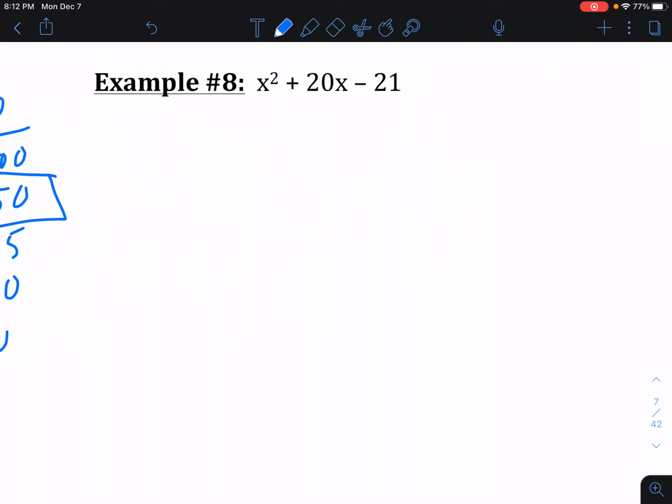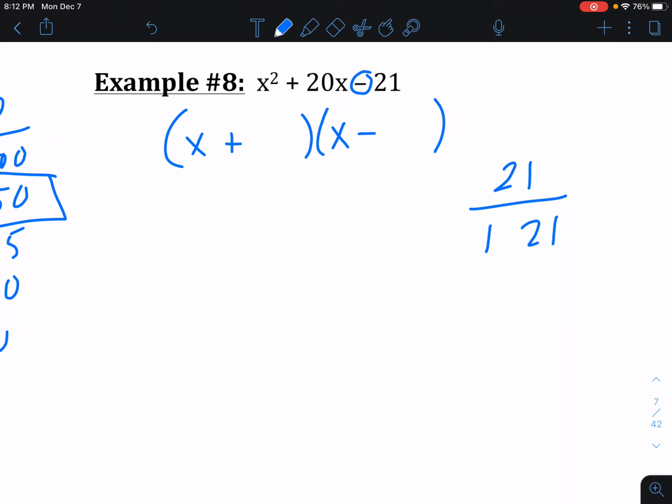Another one. What are the signs here? C term is a minus, so plus, minus. Let's get some factors of 21. 1 and itself. Obviously not 2, 3, and 7, and that's it.